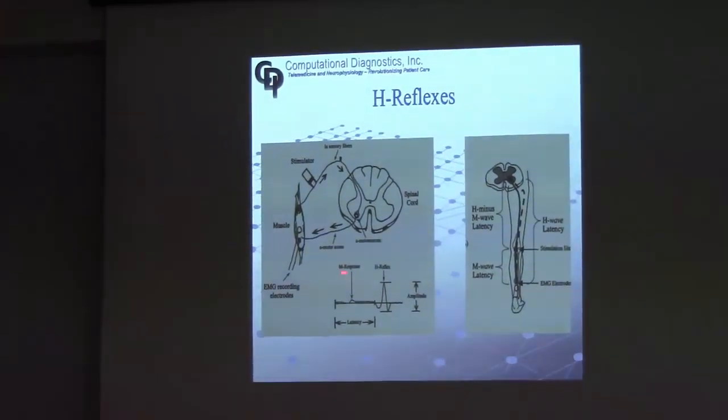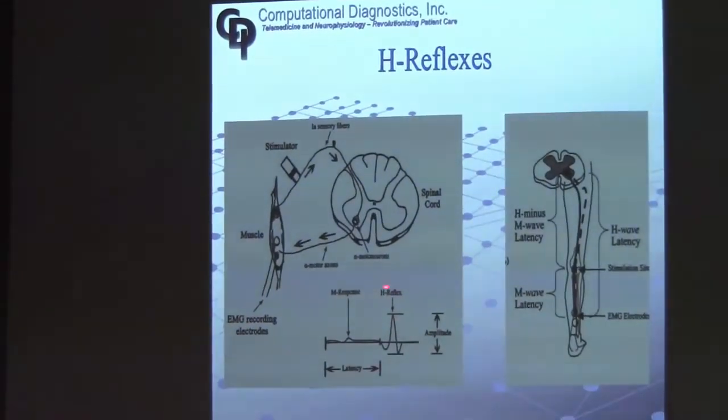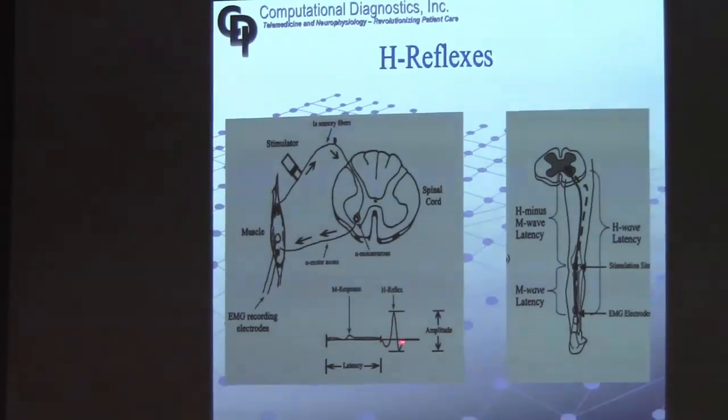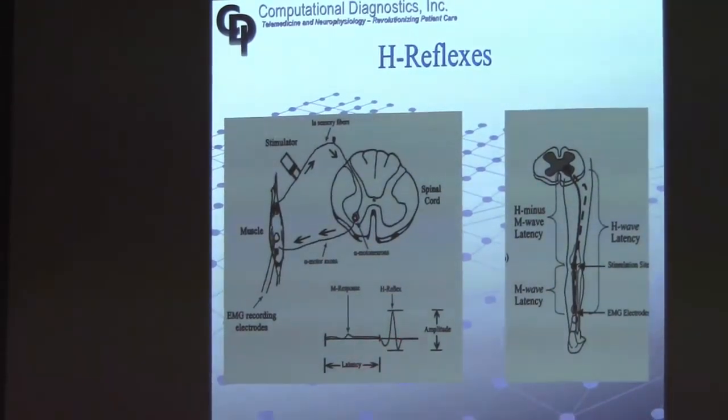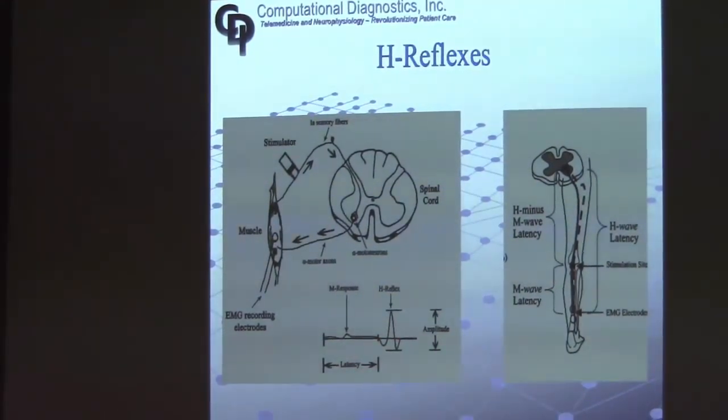And you see the direct response, but then you see this H reflex response, which is delayed, and that's the latency there. This is kind of just to make it a little more physically realizable. You're stimulating somewhere and you're recording somewhere, and you've got all these distances to travel through. So that's why there's these delays in the latency.